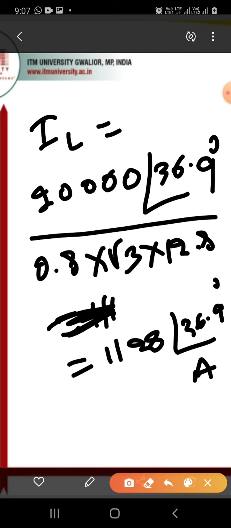Now, because I have to write the IL in the per unit way, the value came as 1128, angle is 36.9 degree.